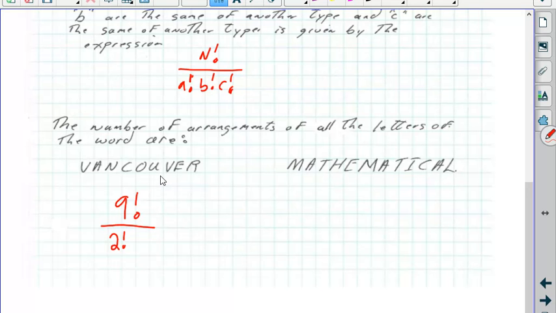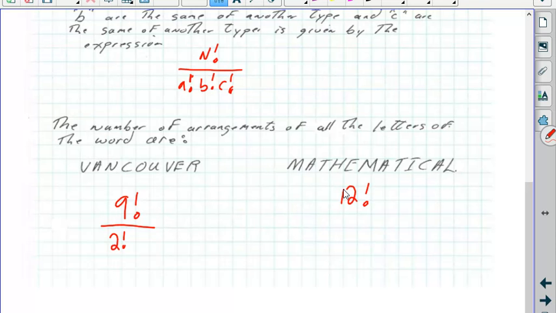It's a big number. The word mathematical. There are 12 letters in the word mathematical. If it was a 12-letter word with no repetition, there would be 12 factorial ways to do this.